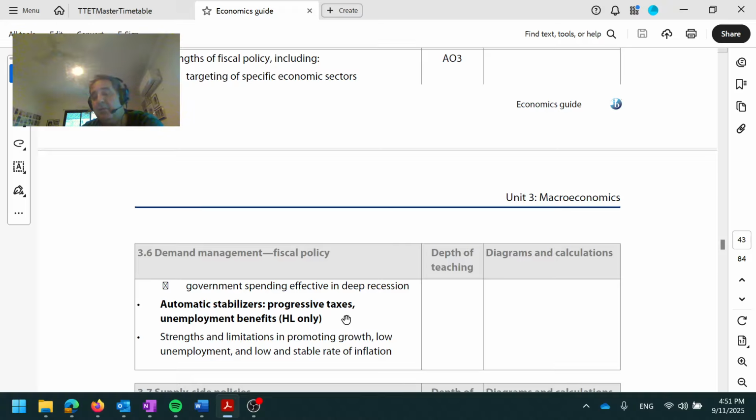Well, in a boom, it takes a little bit of heat out of the economy because you're paying more tax. Benefits go down, so again there's less spending in the economy. But in a recession, because people's incomes are lower, they're paying less tax, so that keeps more money in the circular flow. And receiving unemployment benefits gives you money that you can spend on basics, which injects money back into the system.